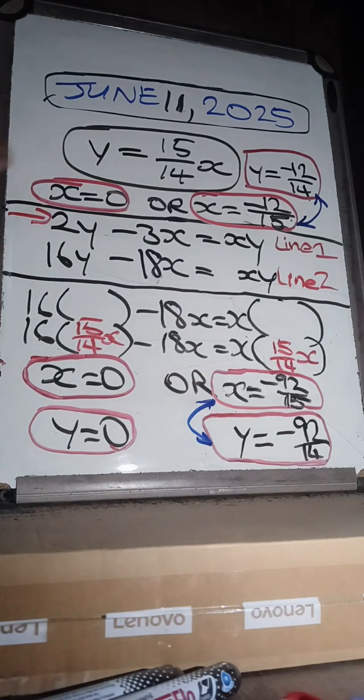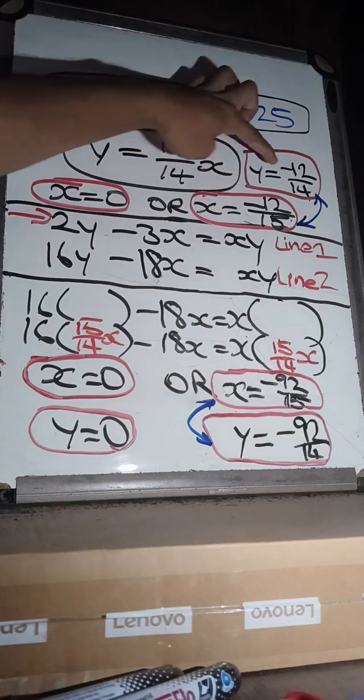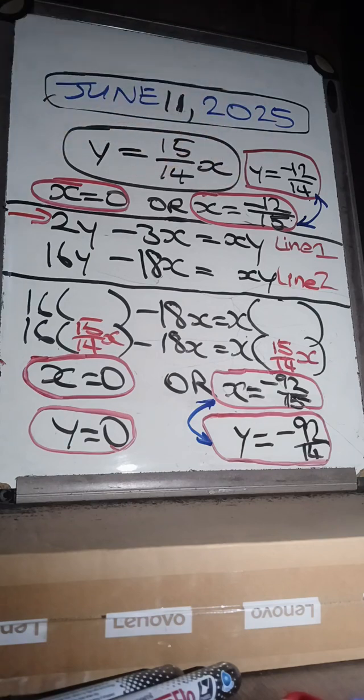Alright, just for context, I was trying to multiply this number by this number. Minus 12 times minus 12 is 144, as in a positive 144.